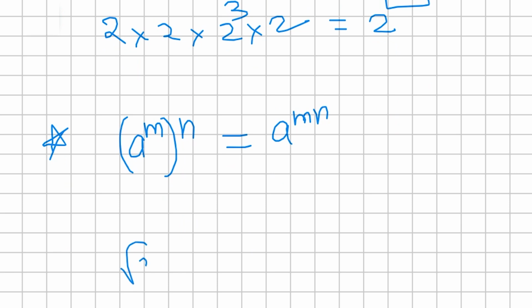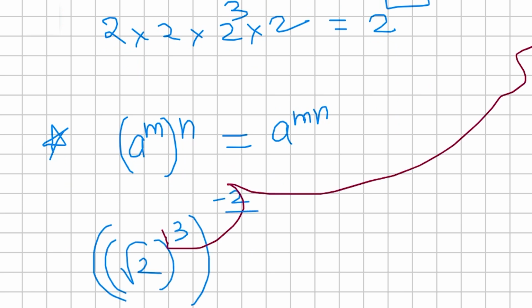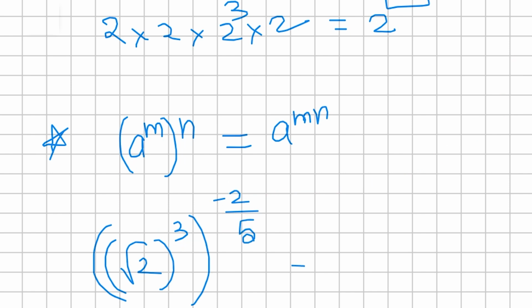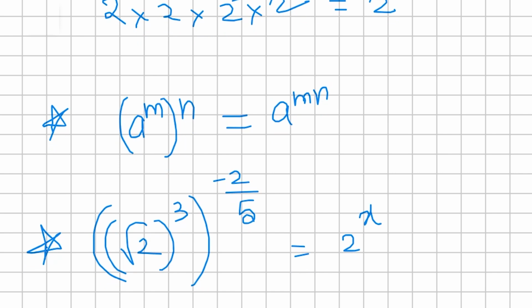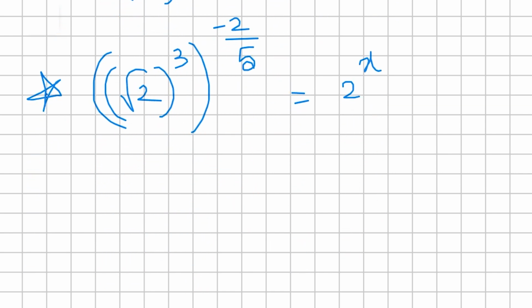So it's like, let's say root 2 to the power 3, to the power of negative 2 by 5, is equal to 2 to the power x. Find x. So you do root 2 to the power of 3. This is equal to 2 to the power x.